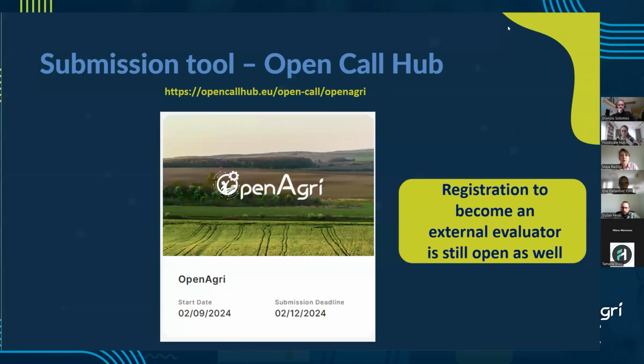Submission tool of the OpenAgri is Open Call Hub, where you can register, fill in all the necessary information, and once you have a proposal ready, you can submit it. Also, registration to become an external evaluator is still open, but in case you're opting to submit your application, you should not opt to be an evaluator because you will not be selected.